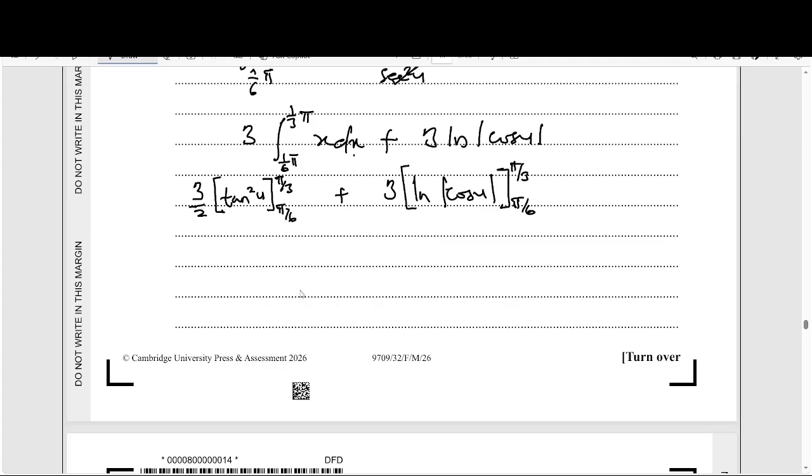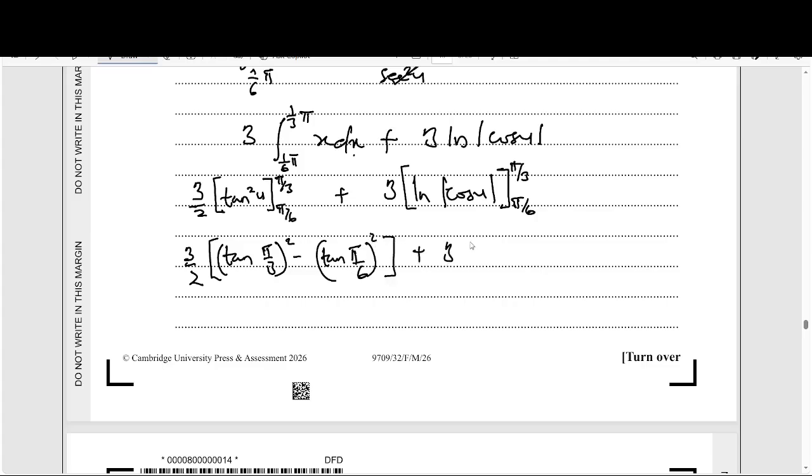Now next is that we substitute the values over here, the limits. So 3 over 2 out, then I have tan pi over 3 all squared, or tan squared pi over 3 minus tan pi over 6 all squared, close the bracket.